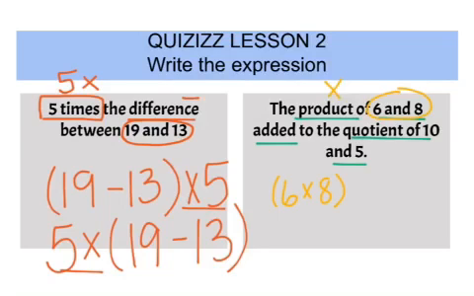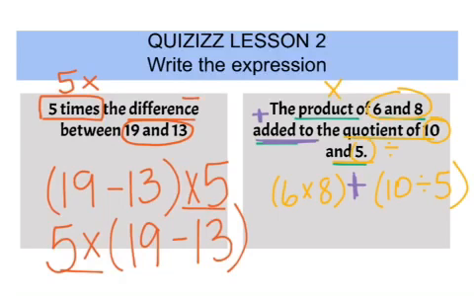Then it says added to. So I'm going to add the product here to the quotient of 10 and 5. Quotient means divide. So I'm going to divide 10 and 5. So I'm going to add the product of 6 and 8 to the quotient of 10 and 5. So I'm going to do 10 divided by 5.